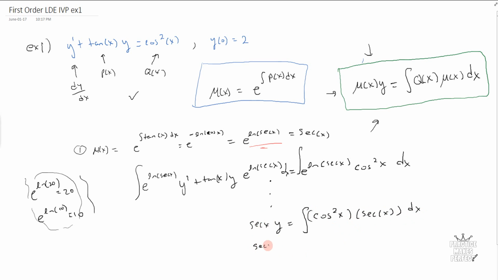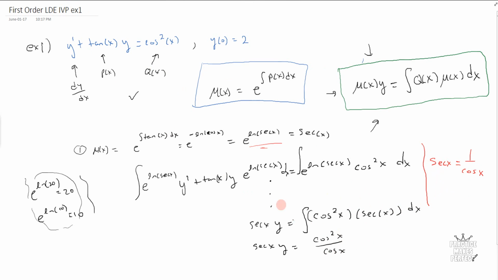So secant x y is equal to, now cos squared x secant of x is cos squared x over cos x. How do I know that? Just trig laws. Secant of x is equal to 1 over cos of x. So I just put that in.